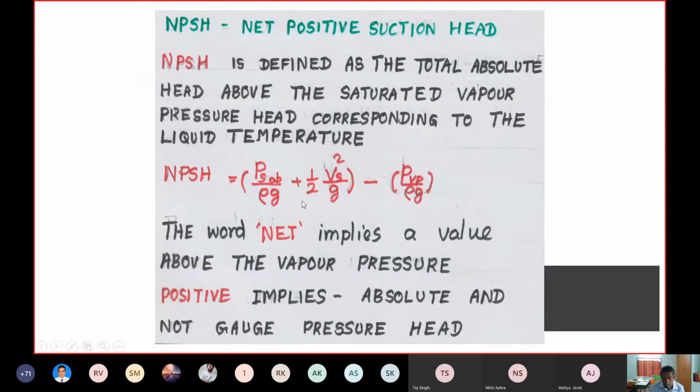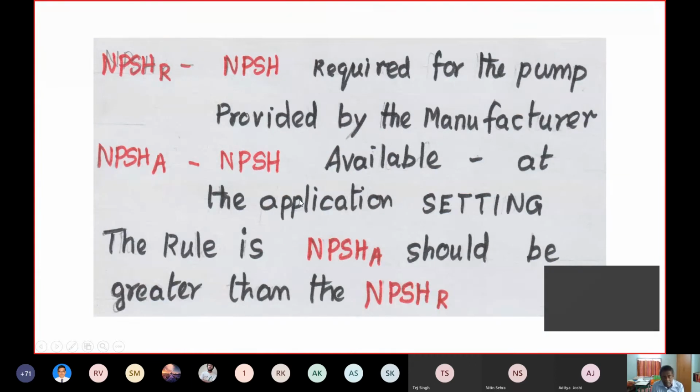That is called NPSH. There are two NPSHs people talk about. One is the NPSH required for the pump, provided by the manufacturer. For the smooth running of the pump, the minimum NPSH has to be maintained. NPSH A is the NPSH available at the application setting.